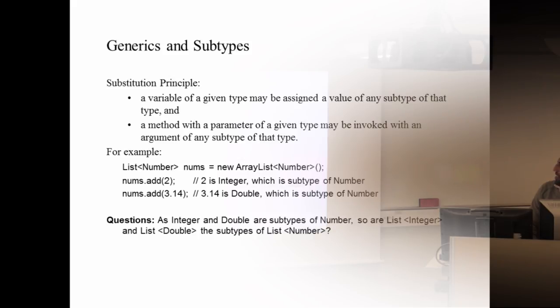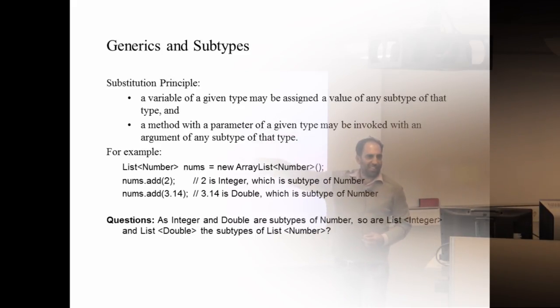Integer and Double are subtypes of Number. So does this principle also apply to parameterized types? When you have parameters with the types, we call them parameterized types. The answer is no, because the substitution principle does not work for parameterized types.